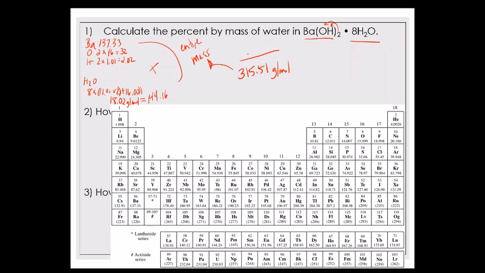Now, if we put the water amount on top, 144.16, and then we multiply by 100, we will end up getting our percent. So 144.16 divided by 315.51 times 100, and let's go out 2 decimal places for the percent too, following the molar mass rule.